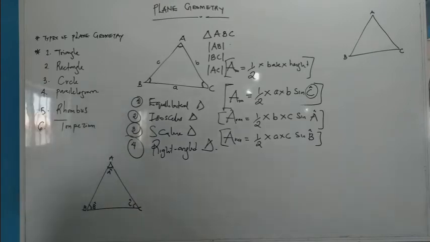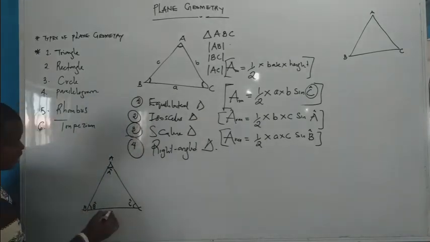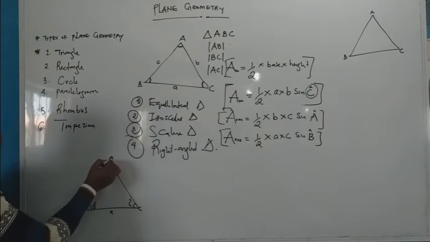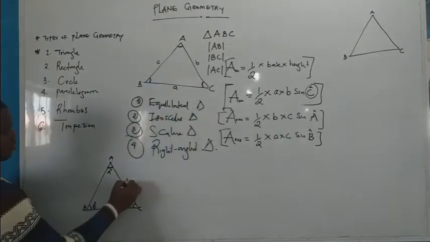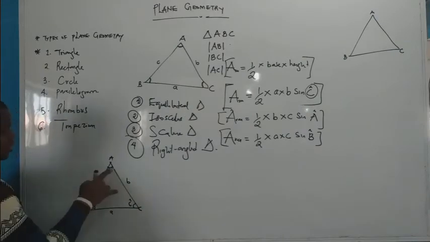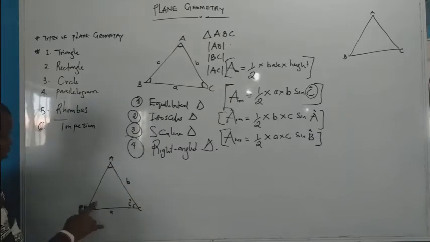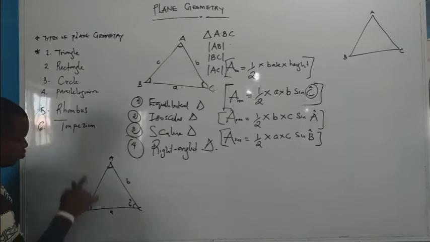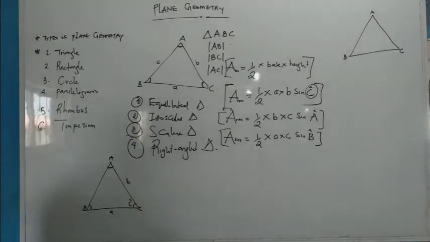So in a question whereby you are given side a, facing point A, and you are given side b, facing point B, is that clear? Then you're not given the angle A, and you're not given the angle B, and you are asked to calculate the area of this triangle.